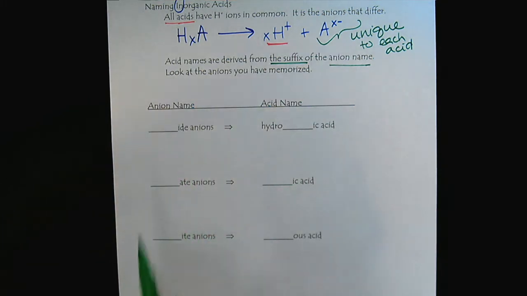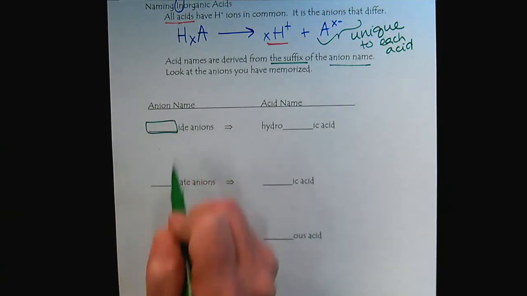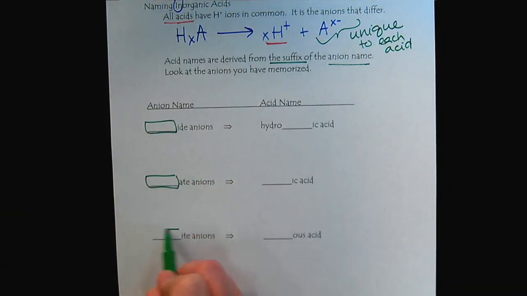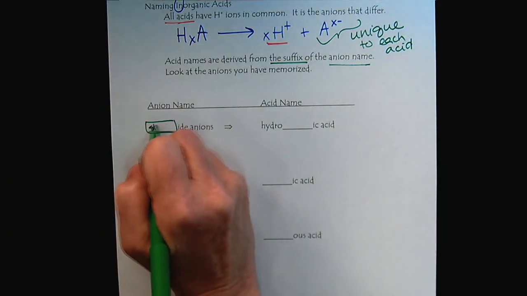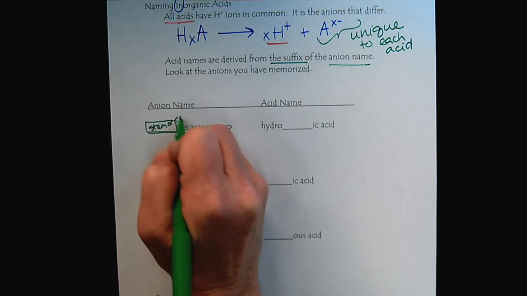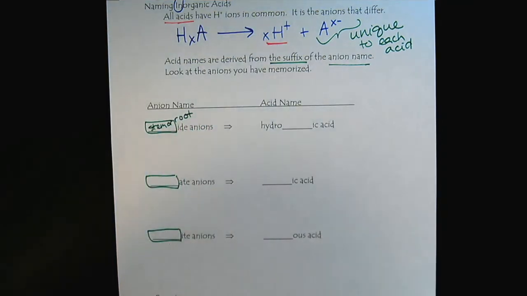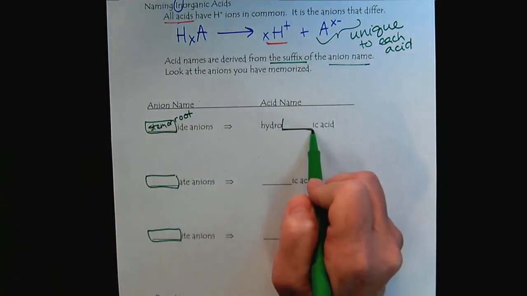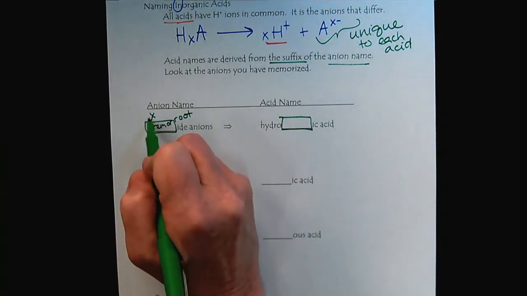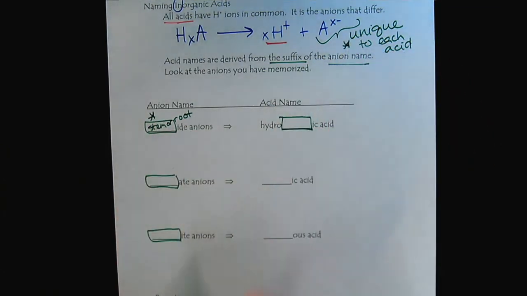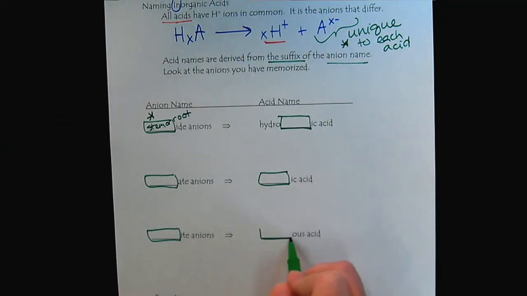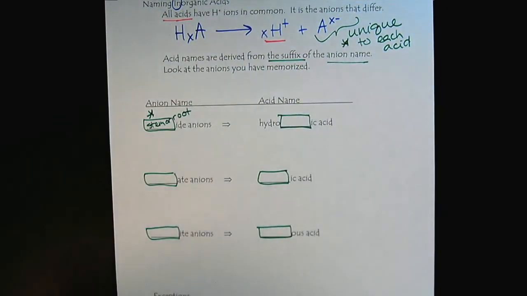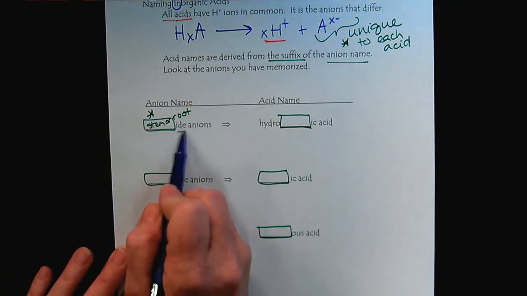Anything in front of this suffix is considered the root or the stem. This is the part that is unique to each acid, the part that changes with each acid name. The rest of the acid name is determined from the suffix.